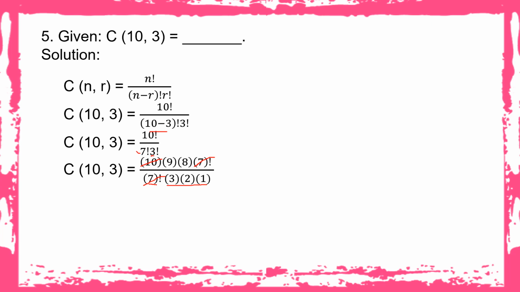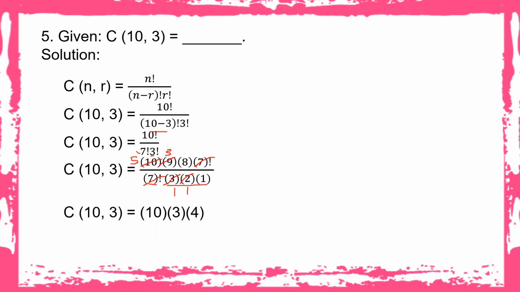So 10 divided by 2 is 5. And of course 2 divided by 2 is 1. Okay. Another number we can cancel is 9 and 3. So 9 divided by 3 is 3. And 3 divided by 3 is 1. So we are done.